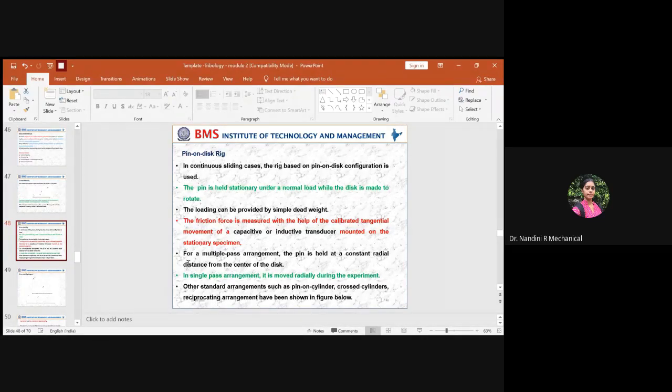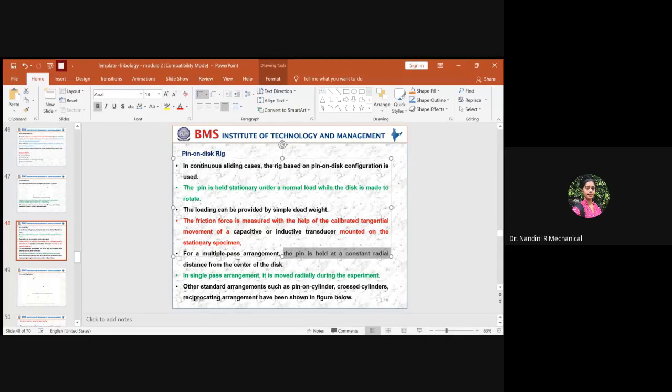Okay. And for a multi-pass arrangement, what you need is the pin held at a constant radial distance from the center of the disk. So this is for continuous sliding. And along with that, if you need multiple passes with periodic time, one pass will have some dwell time, a matter of 1 second, 1 minute, then again the second pass, third pass, fourth pass, like this.